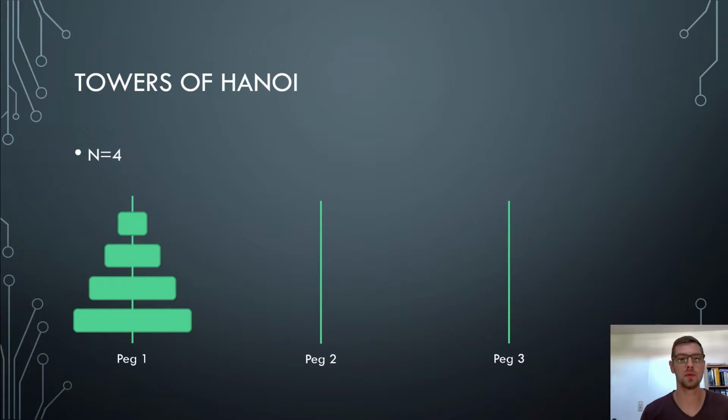What we want to do is move at first the first disk to peg 2 and the second disk to peg 3. We basically want to empty one peg step by step and then free the next bigger disk and put it on the next bigger disk on the next peg.